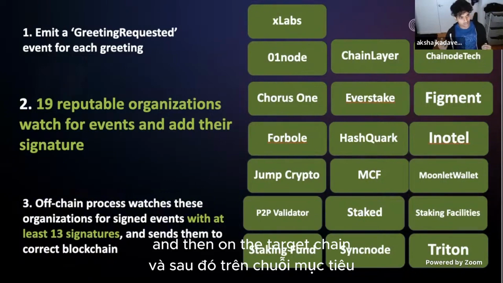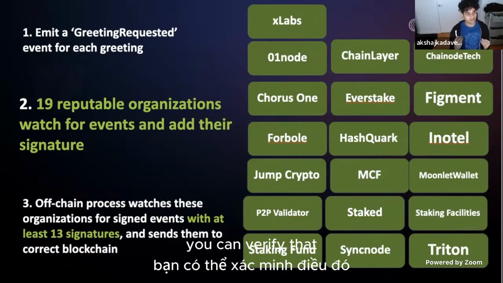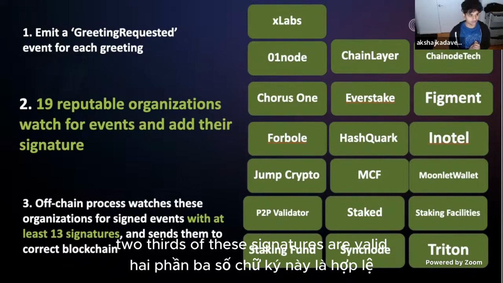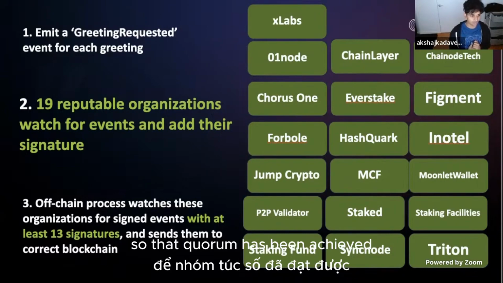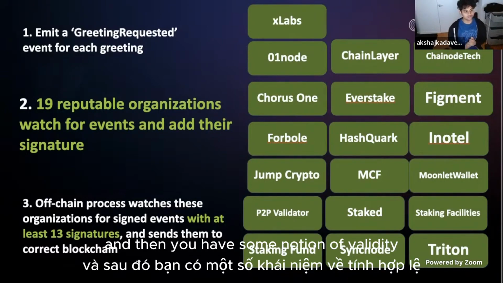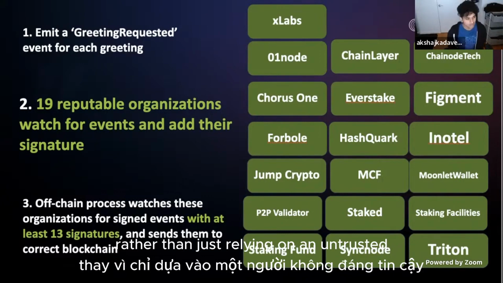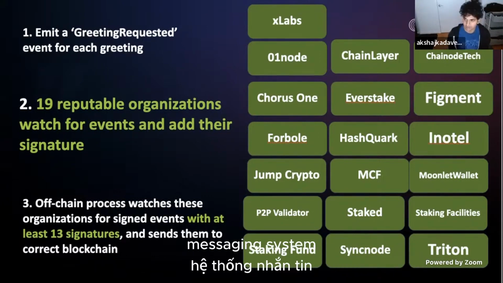Then on the target chain, you can verify that 2/3 of these signatures are valid, so that quorum has been achieved. And then you have some notion of validity for the message rather than just relying on an untrusted messaging system.